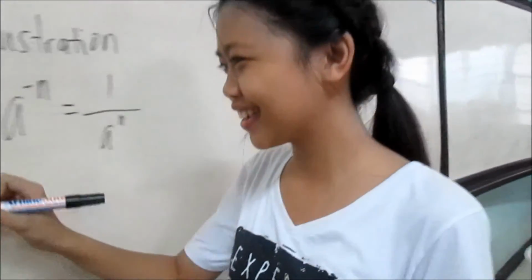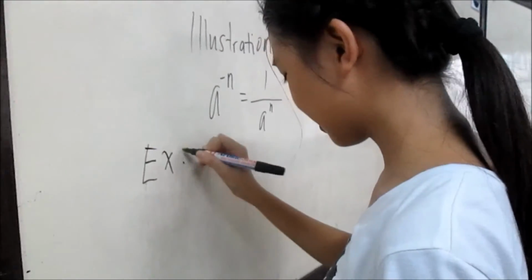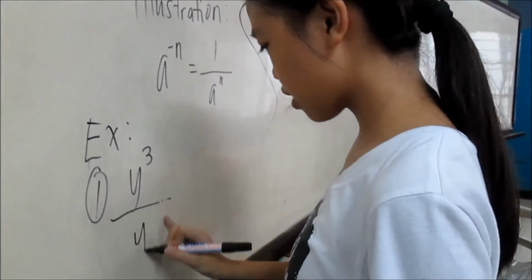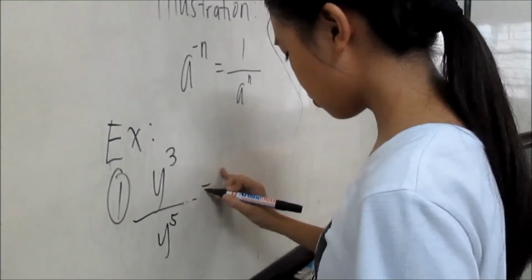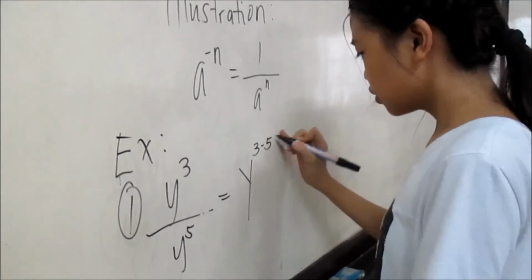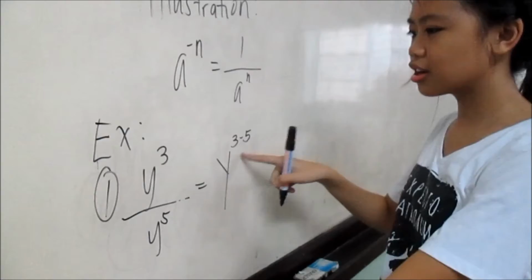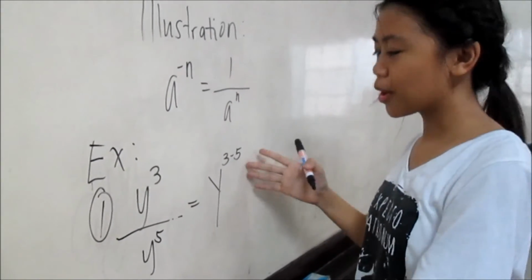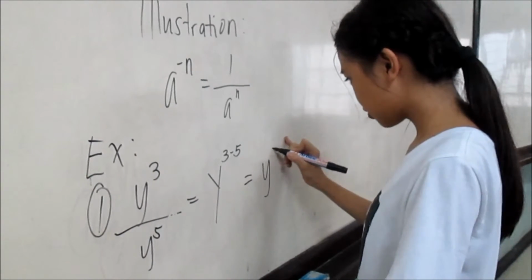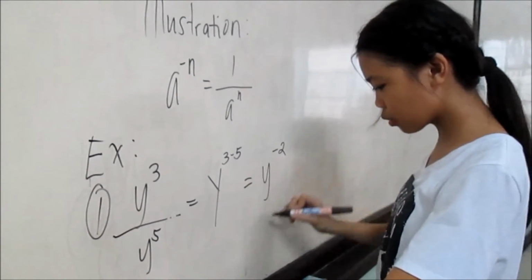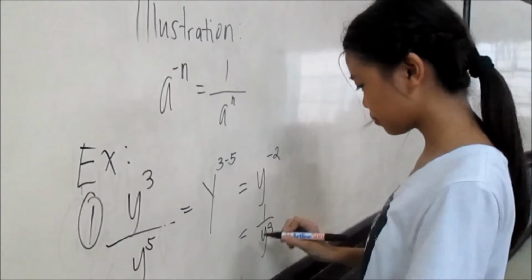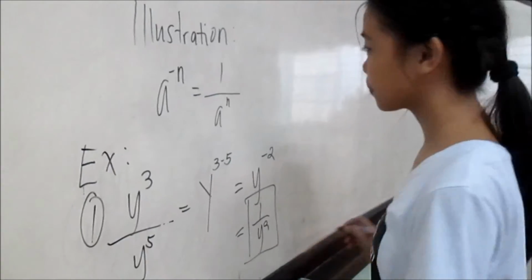For example, y cubed over y raised to 5 is equal to y raised to 3 minus 5. So we have to subtract the exponents as we learned in the quotient rule. So it is equal to y raised to negative 2, which equals 1 over y squared.